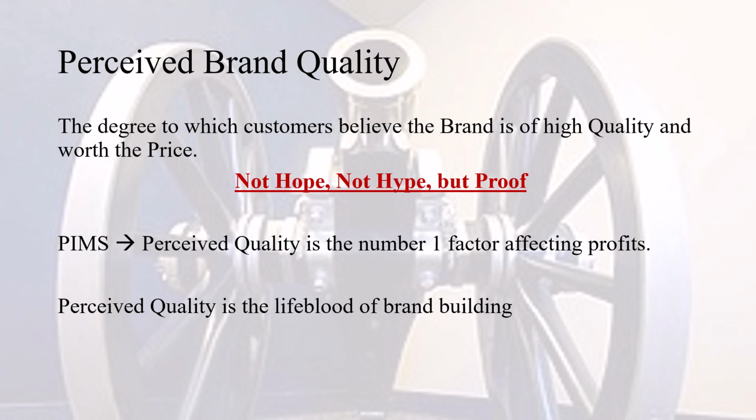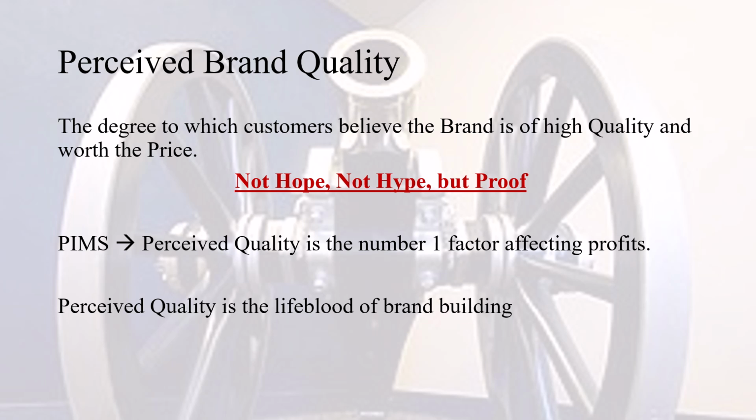The second thing that we wanted to talk about was perceived brand quality. This is the degree to which the customers believe the brand is of high quality and worth the price. Not hope, not hype, but proof is necessary to get people to believe that the brand has high perceived quality.